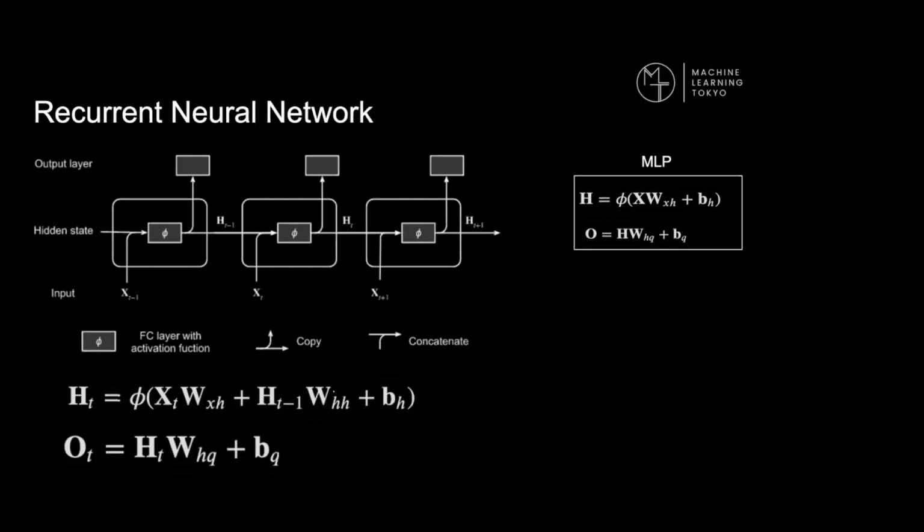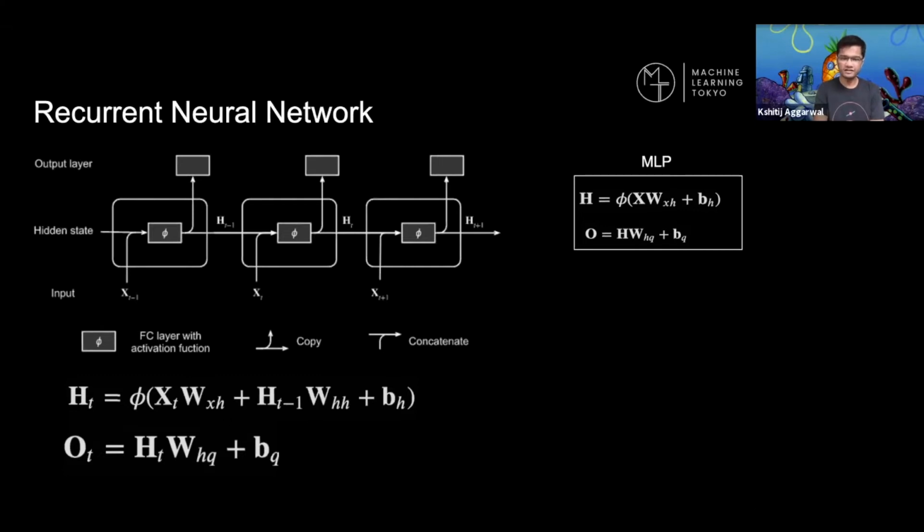The main thing I want to emphasize here is that as compared to the multi-layer perceptron, where we have weights multiplied to input x, here we have weights which are also multiplied to the hidden state at time t minus 1. So I have an input at time t, and I have a hidden state at time t minus 1. Both of those combined, multiplied by weights, form the hidden state at time t, which then again similarly forms the output at time t.